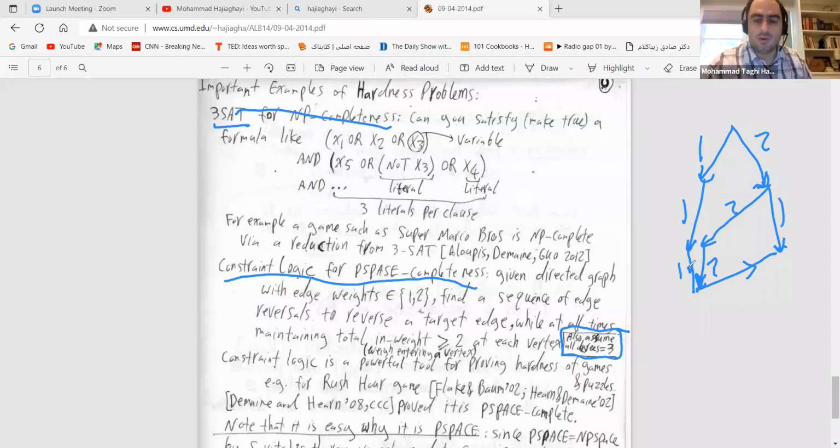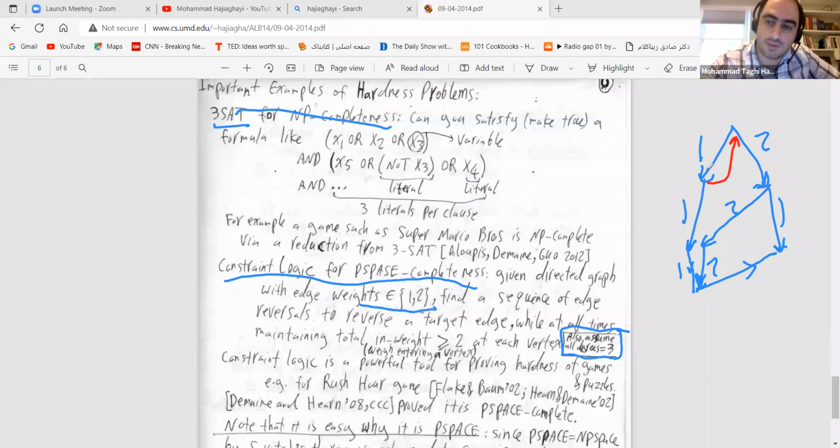Good. So, given a directed graph with edge weights 1 and 2, as we have seen here, what is the operation that you can do in this graph? You can consider one edge and reverse it.